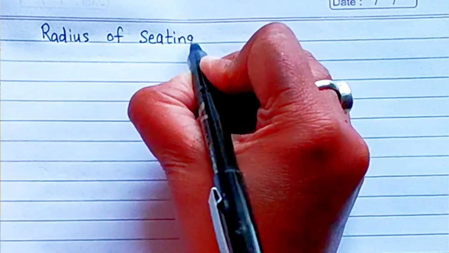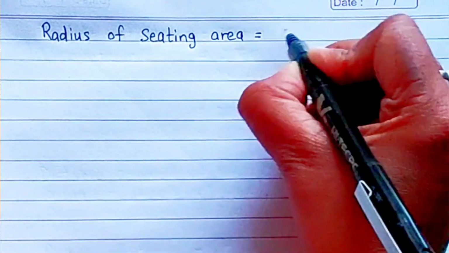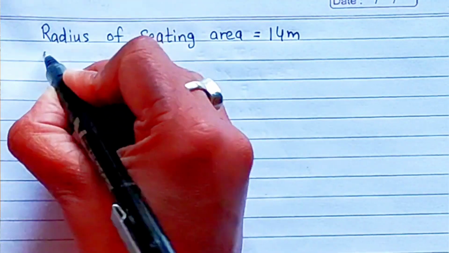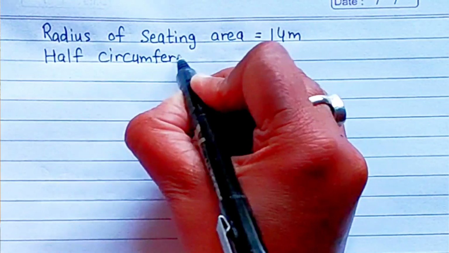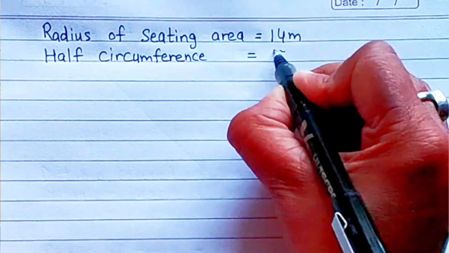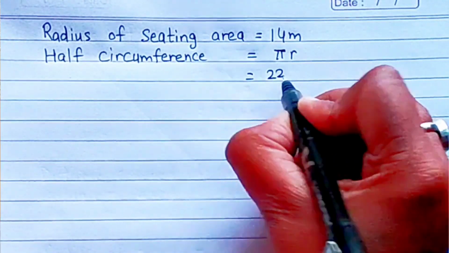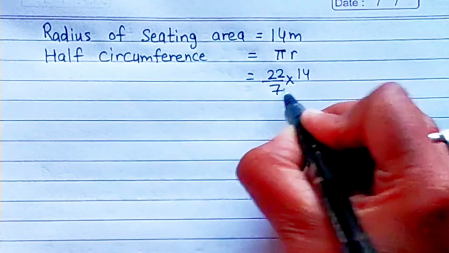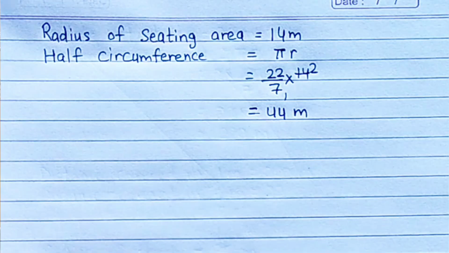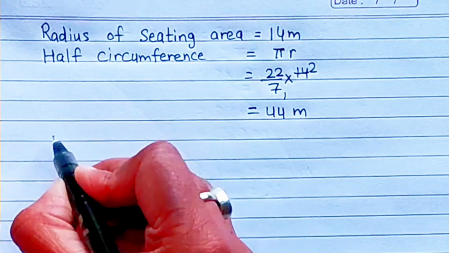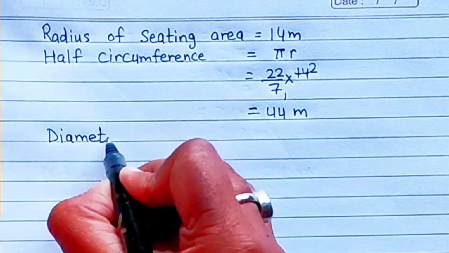You are definitely going to lose marks. First of all, we are going to find half circumference, and the formula to find half circumference will be pi r only. Value of pi is 22 by 7 and value of r is 14. 7 ones are 7, 7 twos are 14. 22 multiplied by 2 is 44 meters. Now we will add diameter to it.